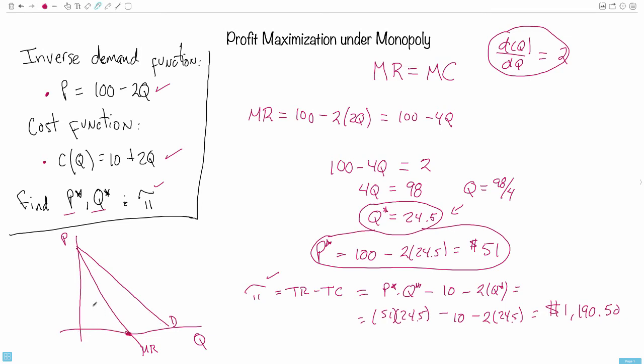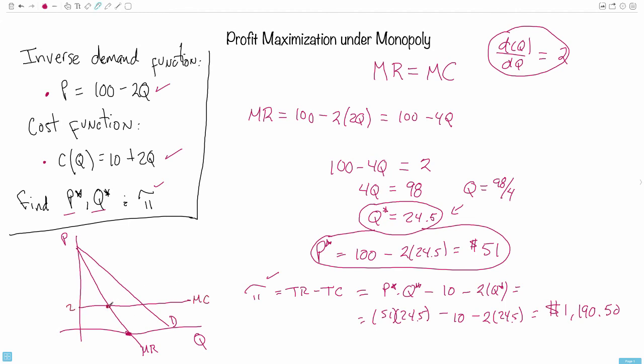And you also, in this case, are given this cost function, which if you plot the marginal cost function, which in this case is equal to 2, $2 would be around right here. This is the marginal cost function.